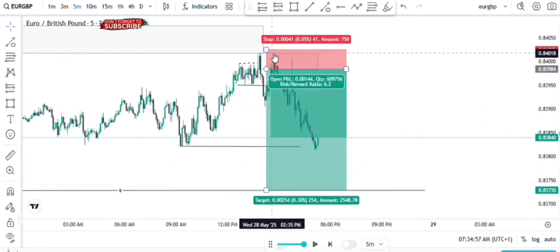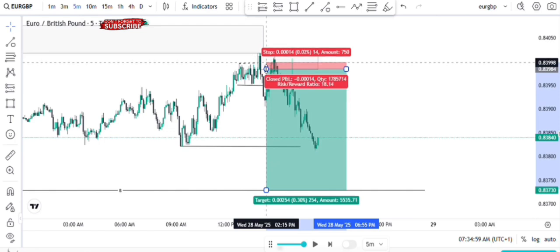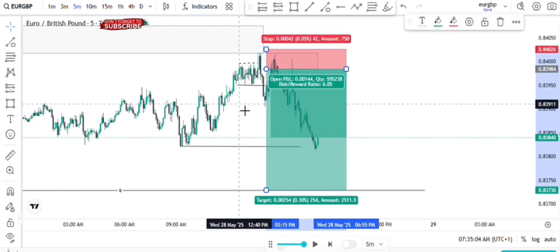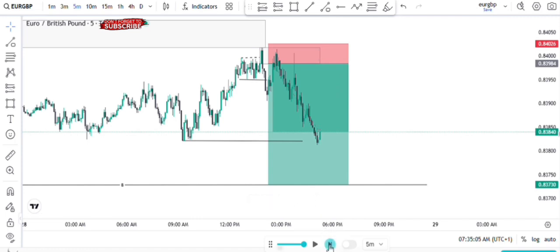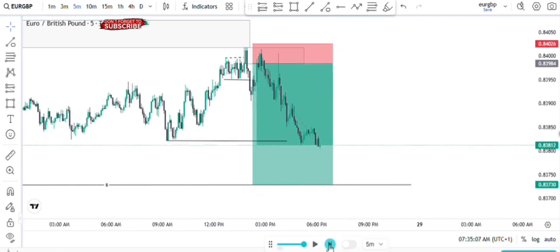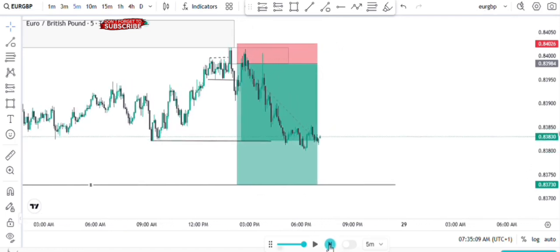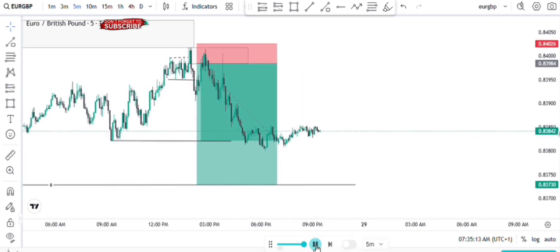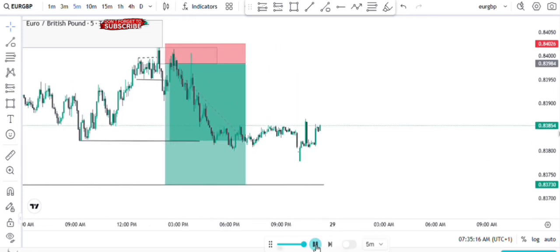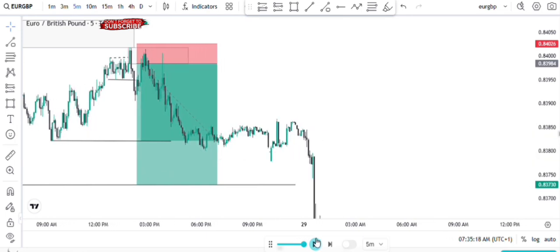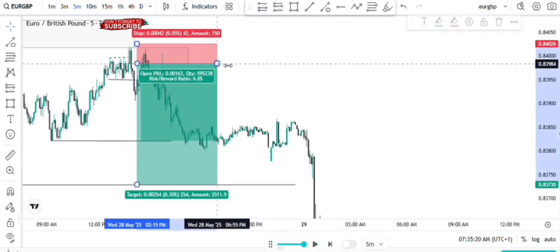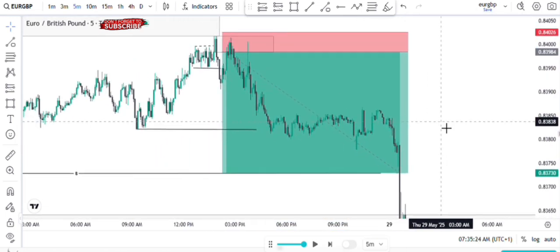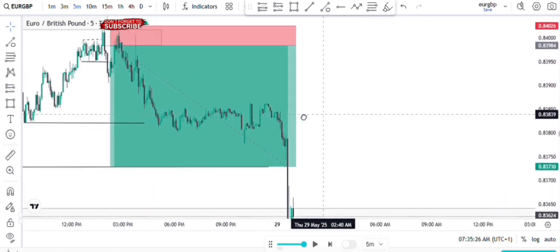And also your stop loss should now be at break even right here. Let's continue playing the price. And boom, final take profit hits. So this is how simple this trading strategy is.